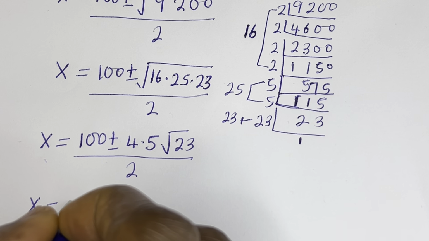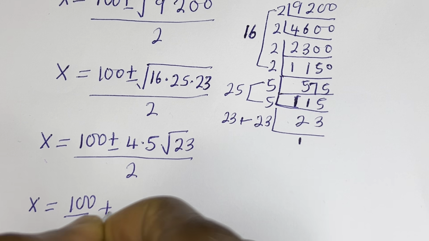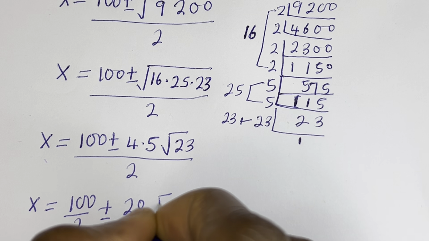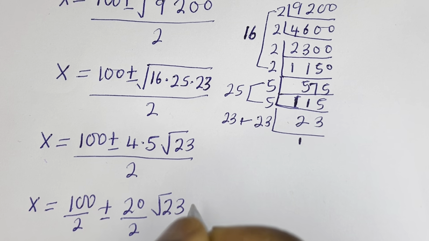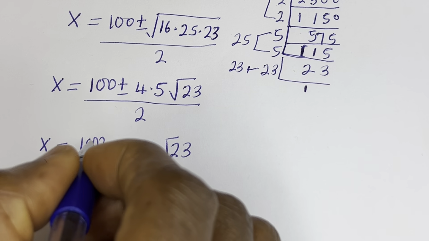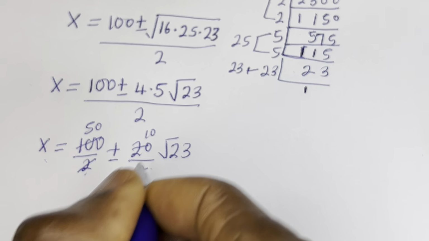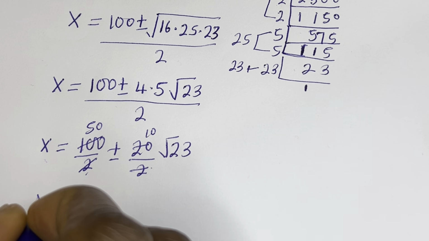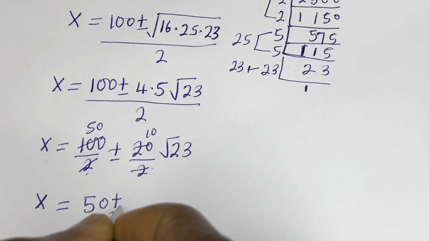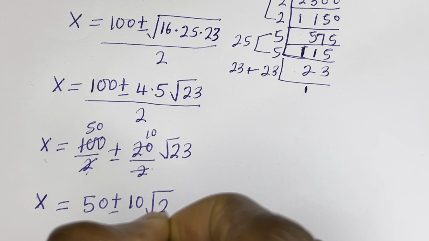x is equal to 100 over 2 plus or minus 4 times 5, this is 20 over 2 root 23. 2 here 1, 2 here 50, 2 here 1, 2 here 10. Then x is equal to 50 plus or minus 10 square root of 23.